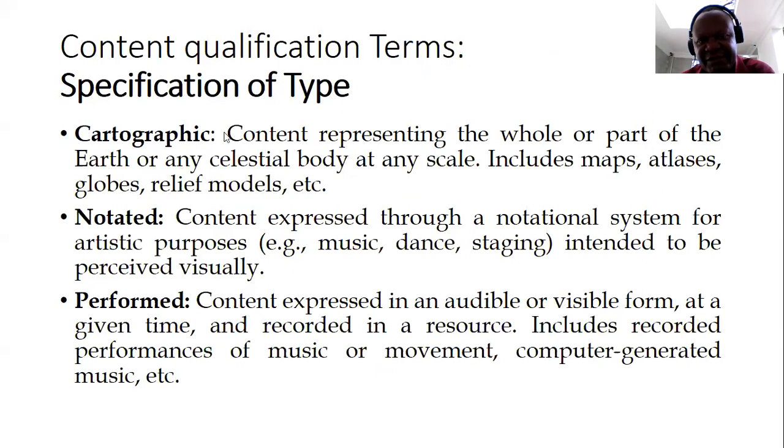So cartographic is content representing the whole or part of the earth or any water body at any scale. It includes maps, atlases, globes, and relief models. In case you don't know what a relief model is, we shall go to Google and search for this. Alternatively, we go to Google and get a definition of cartographic.